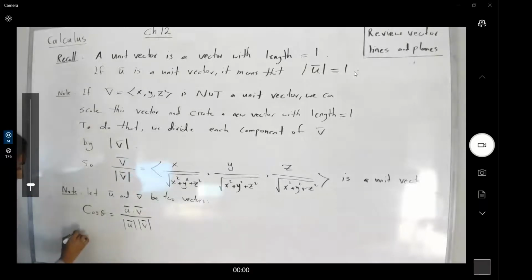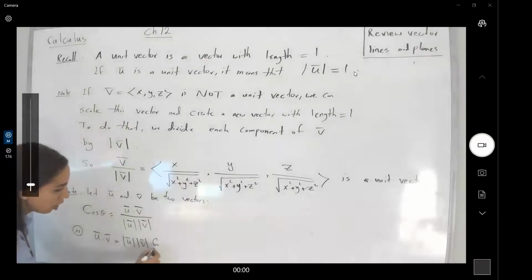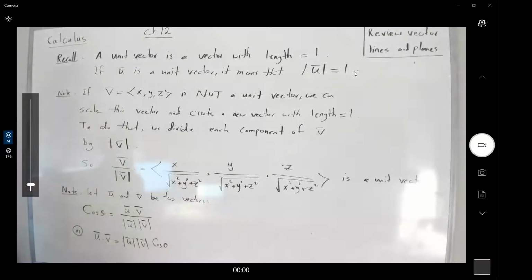Or, the dot product between u and v, if we have theta, the angle between them, is going to be the magnitude of u times the magnitude of v times the cosine theta.